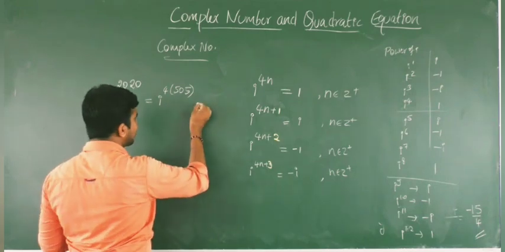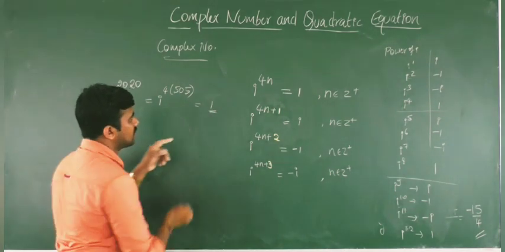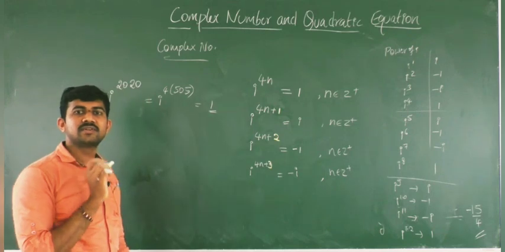Correct? Clearly the value of this is 1, because we know i to the power 4n is equal to 1.